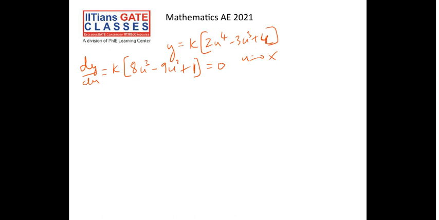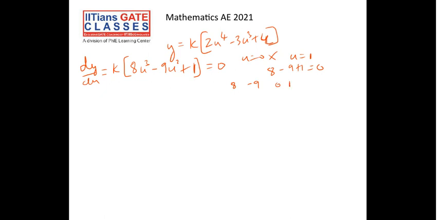Then equate this to 0. Since this is a cubic equation, let's try a few values. For u equal to 0, this doesn't work, since this one will remain. Let's try u is equal to 1 now. For u equal to 1, we get 8 minus 9 plus 1. So yeah, this is 0. So we're getting 1 root at u equal to 1.